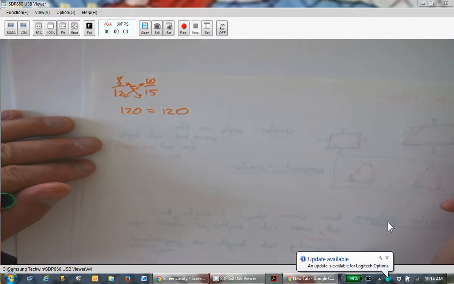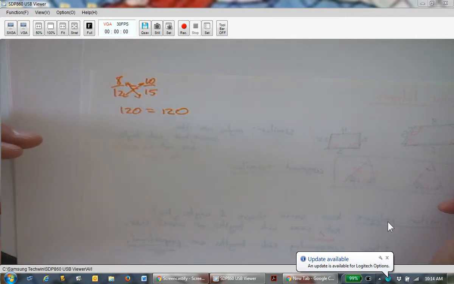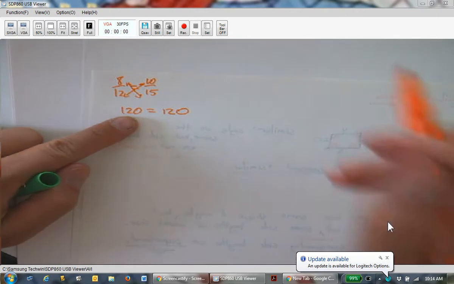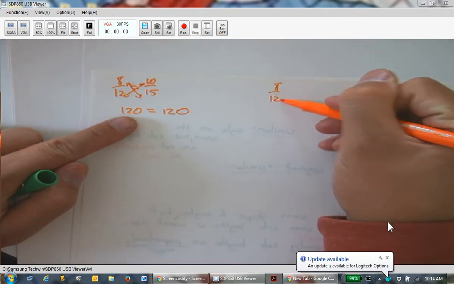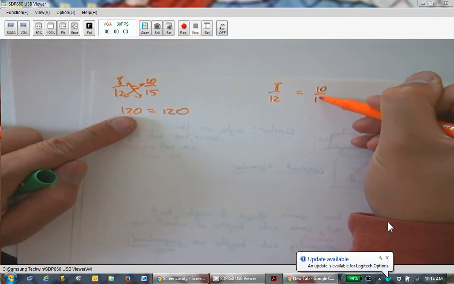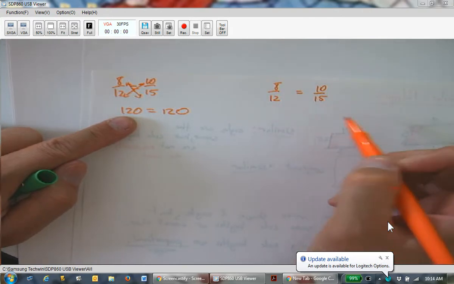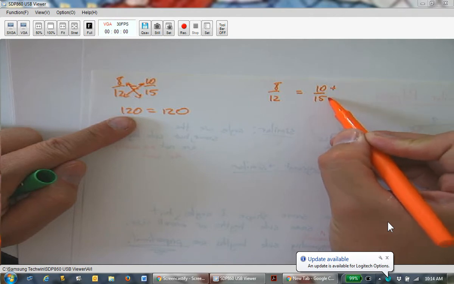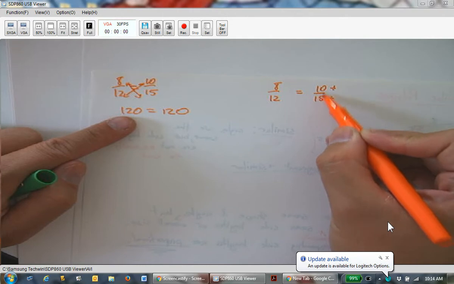If you cross multiply and both sides are equal, that is one way to see if your ratios were perfectly proportionate. You guys should have gotten cross products that are exactly the same. Or, what I think is more common, and a little more intuitive in my brain, is to reduce these fractions to their simplest forms. As a reminder, you find common factors between the numbers in one fraction.